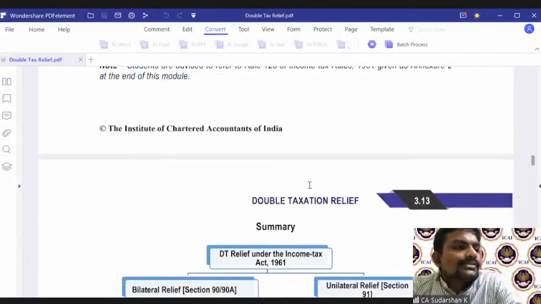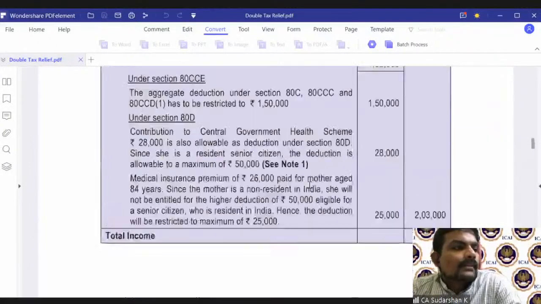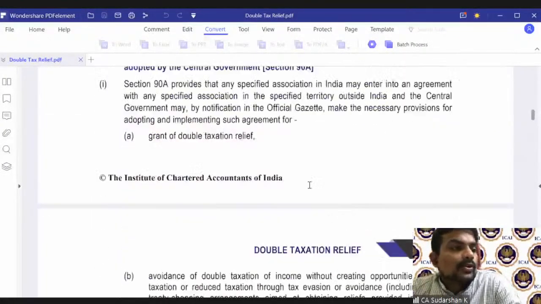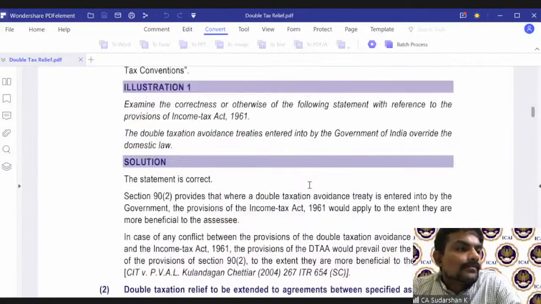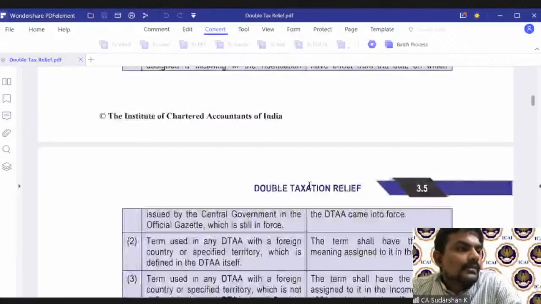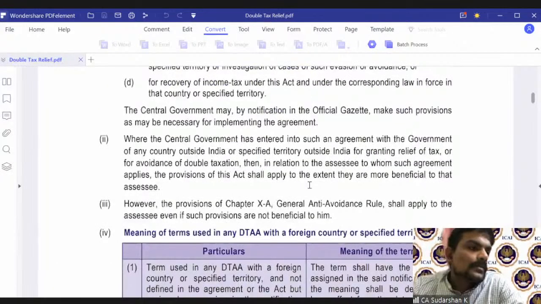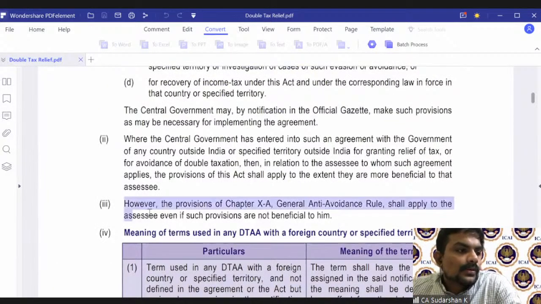Section 90 subsection 2A of the Income Tax Act has been included. This is the one.